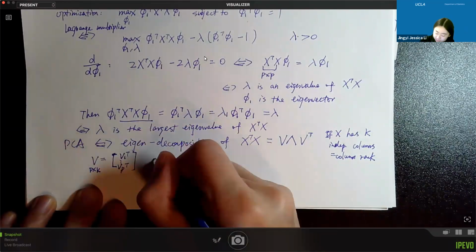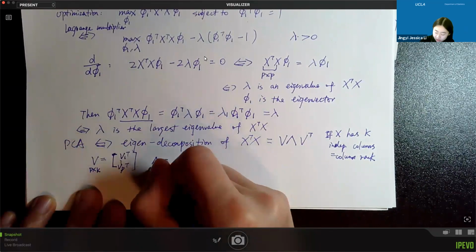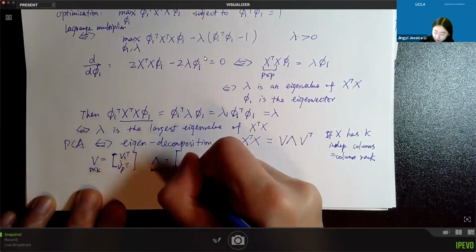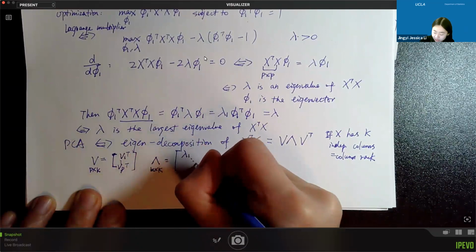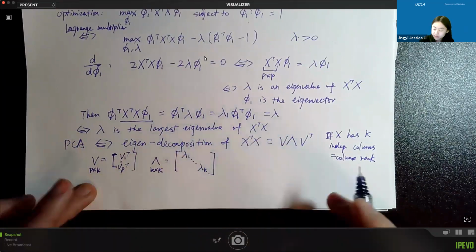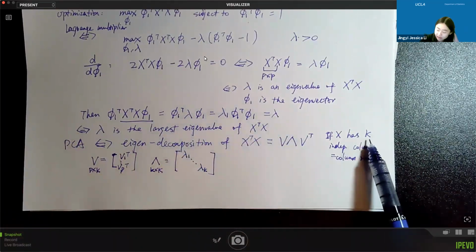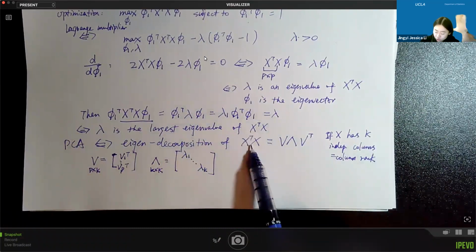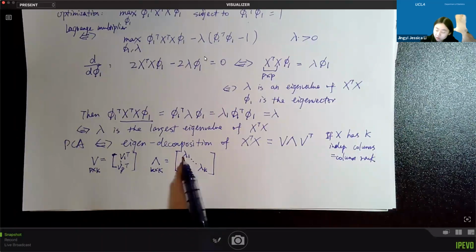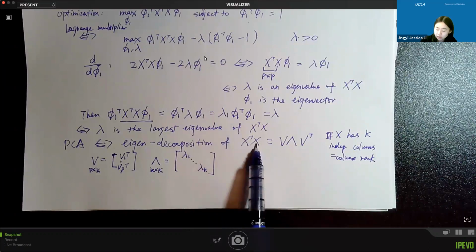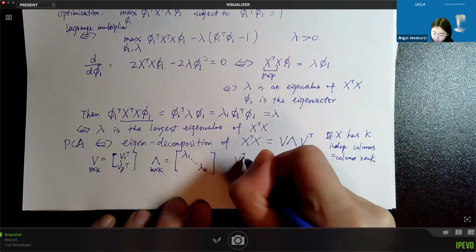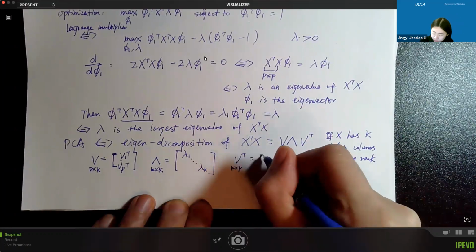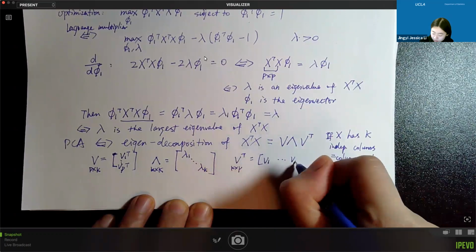And the lambda is a diagonal matrix, K by K. So I can order the non-zero eigenvalues. Basically, if the matrix has column rank K, then this X transpose X should have K non-zero eigenvalues. So the number of eigenvalues of this X transpose X is equal to the column rank. And then the V transpose is K by P.